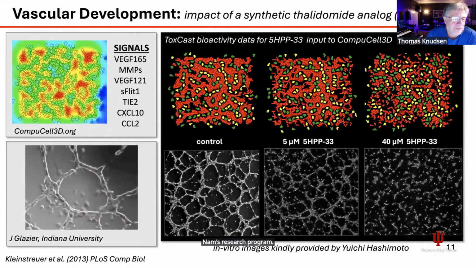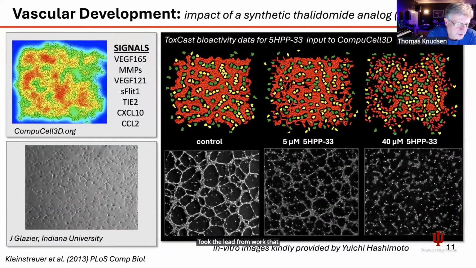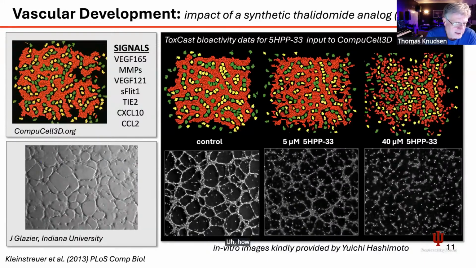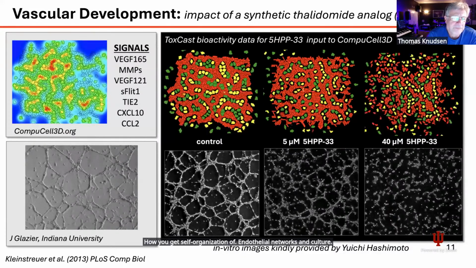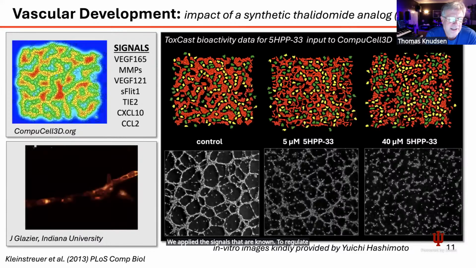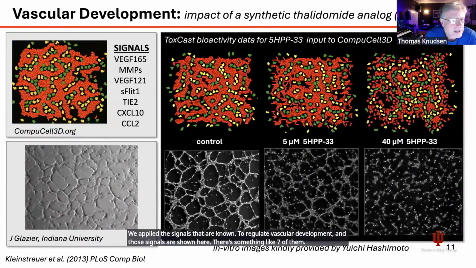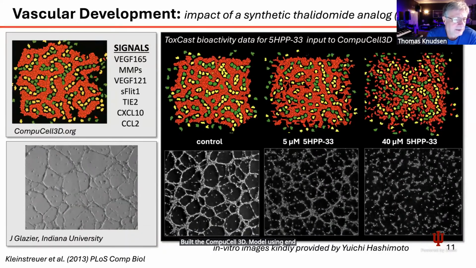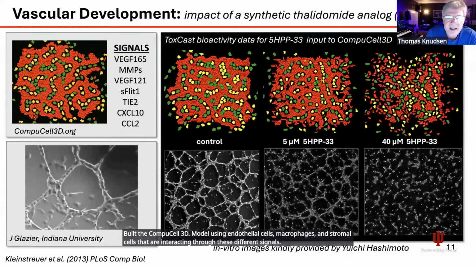We took the lead from work that Jim Glazier's group was doing on vascular development, showing how you get self-organization of endothelial networks in culture. We applied the signals that are known to regulate vascular development, and those signals are shown here. There's something like 7 of them. We built a CompuCell3D model using endothelial cells, macrophages, and stromal cells that interact through these different signals, and made some predictions.